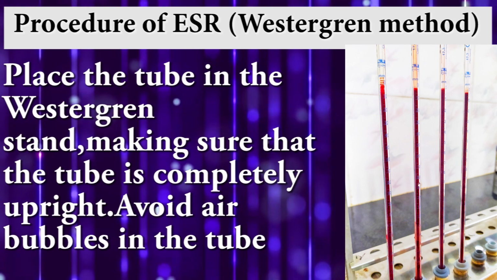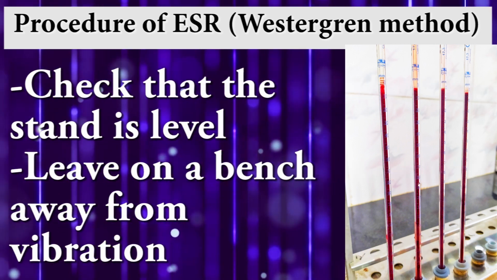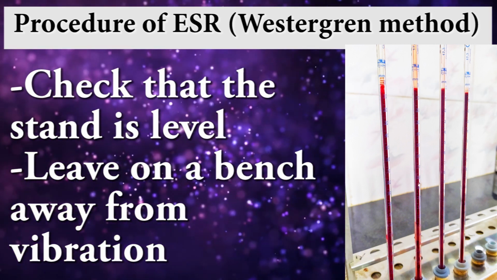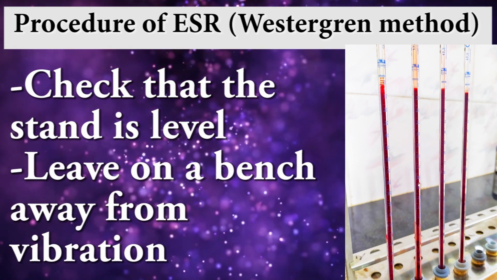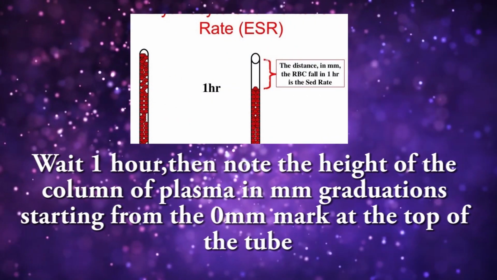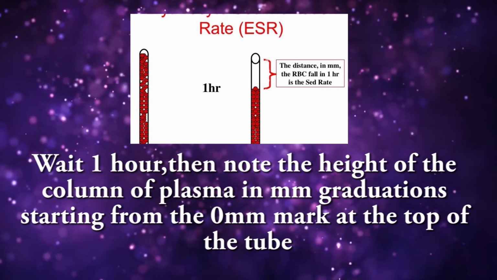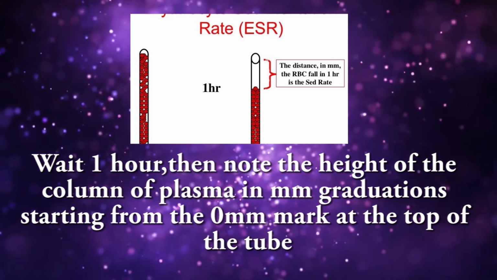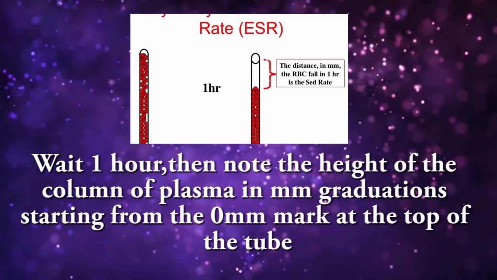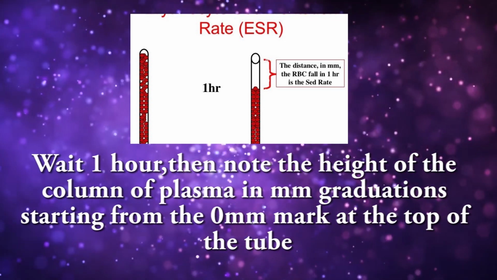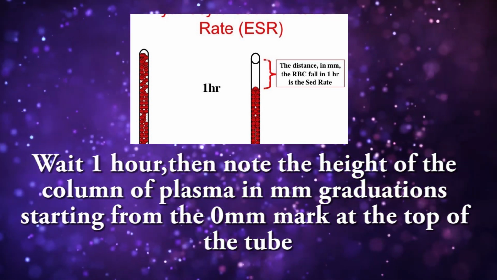Avoid air bubbles in the tube. Check that the stand is level. Leave on a bench away from vibration. Wait 1 hour, then note the height of the column of plasma in millimeter graduation starting from the 0 mm mark at the top of the tube.